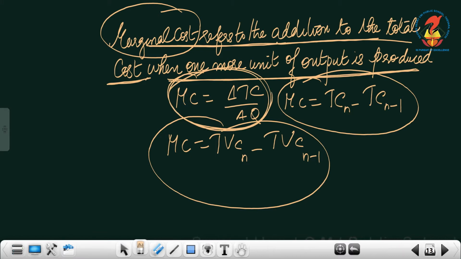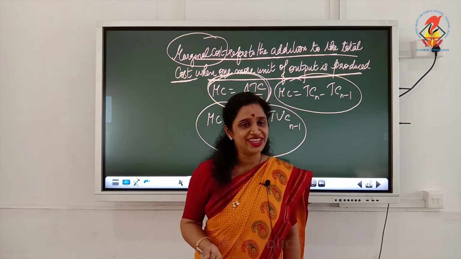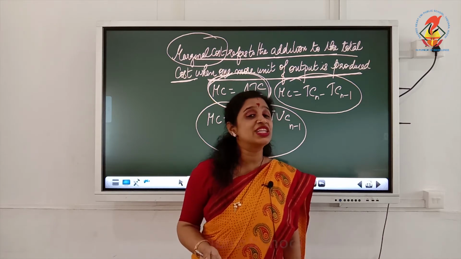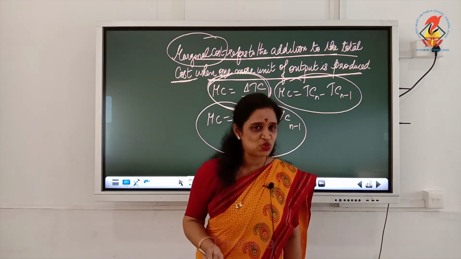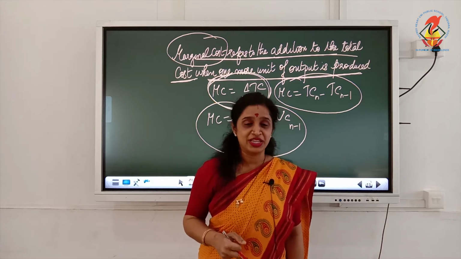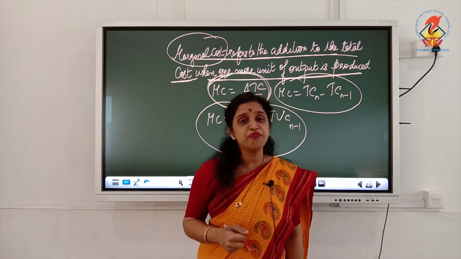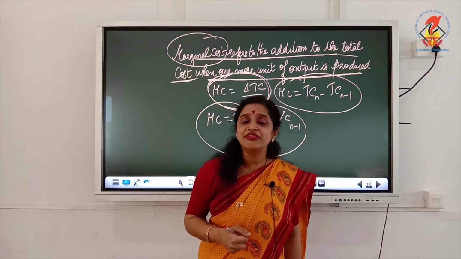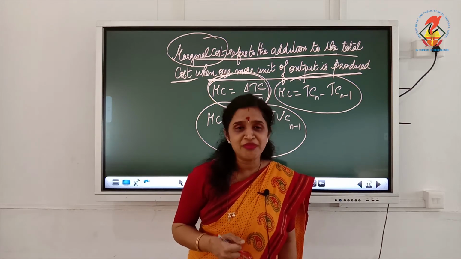Now another formula you have learned for marginal utility and marginal productivity. I hope you can remember. What is marginal utility? TUn minus TUn minus 1, where n represents the present unit of the commodity minus the previous one, isn't it? Likewise, MP, marginal productivity, is found by using the formula TPn minus TPn minus 1.